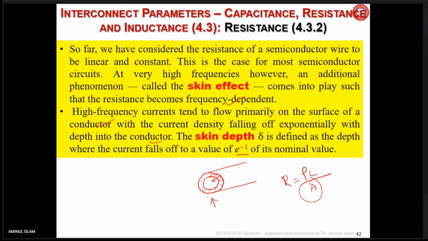So high frequency currents tend to flow primarily on the surface of the conductor, with the current density falling off exponentially with the depth into the conductor. The skin depth delta is defined as the depth where the current falls to a value of e to the minus 1 of its nominal value. Nominal value can be the low frequency value of the current.